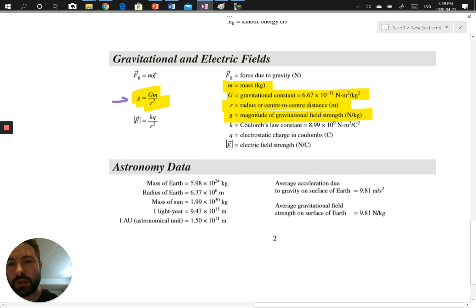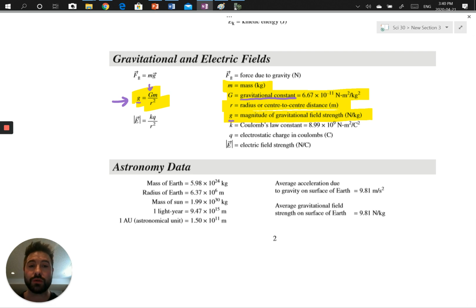Okay, the formula that we're looking at is here. So we have lowercase g. g is the gravitational field strength, and that's the quantity that we're going to be looking for. Uppercase G is what we call the gravitational constant. So all objects are affected by gravity in the same way.